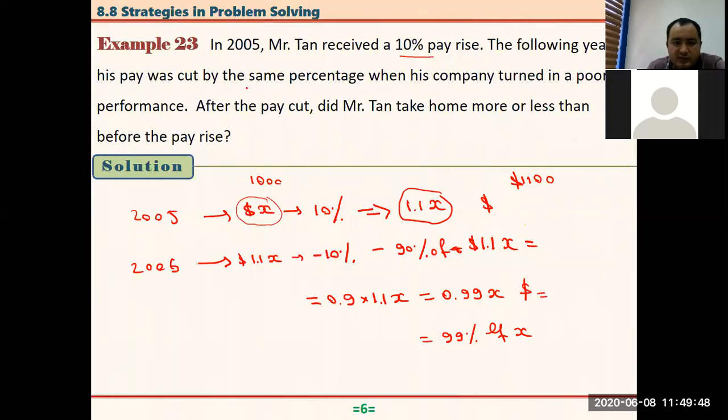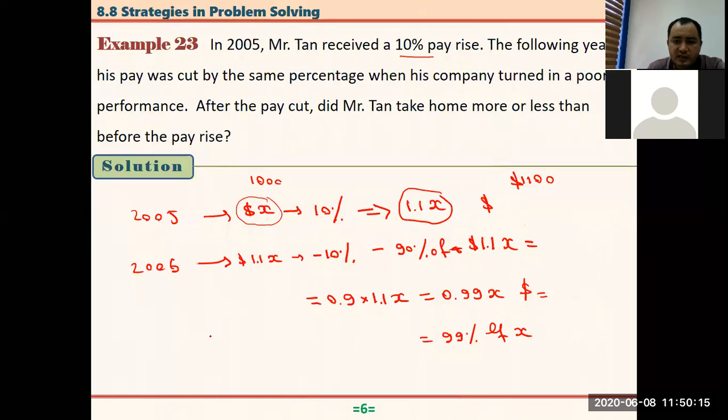At the end, it says that after the pay cut, did Mr. Tan take home more or less than before the pay rise? Now he's taking less. If the next question is by how much, comparing to this, it is 1% from his 2005 salary before the pay rise. 99% and 1%. Okay. So the answer is, take home more or less than before the pay rise.